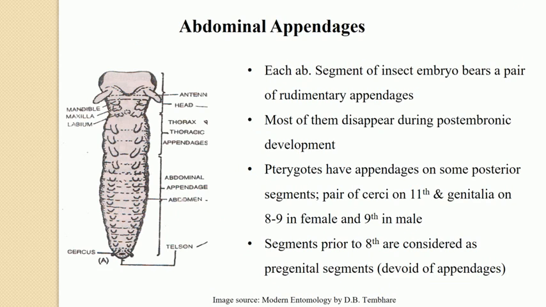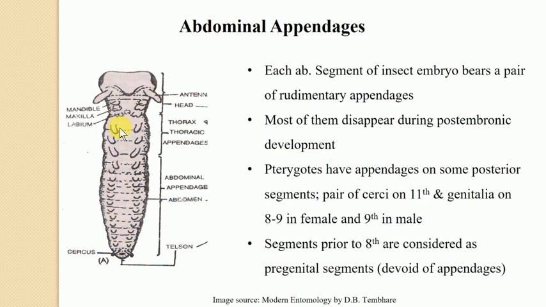Each abdominal segment of an insect embryo bears a pair of rudimentary appendages, but most of them disappear during post-embryonic development. Here in this diagram you can see the embryo of an insect, which contains a pair of appendages on each and every segment of the body.